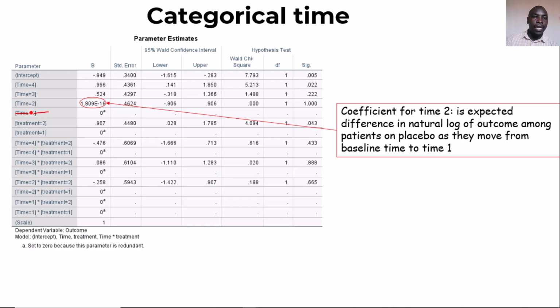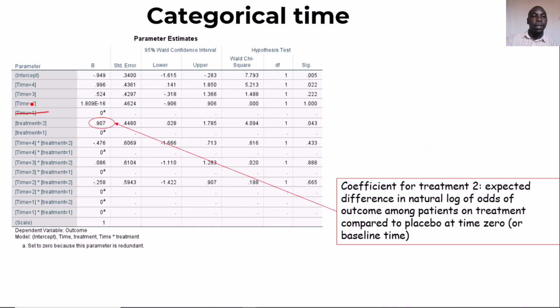In this case, as they move from time 1, which is the baseline, to time 2, which is the next time point. When we look at treatment, still it has a reference category, and so we are interpreting these compared to the reference.